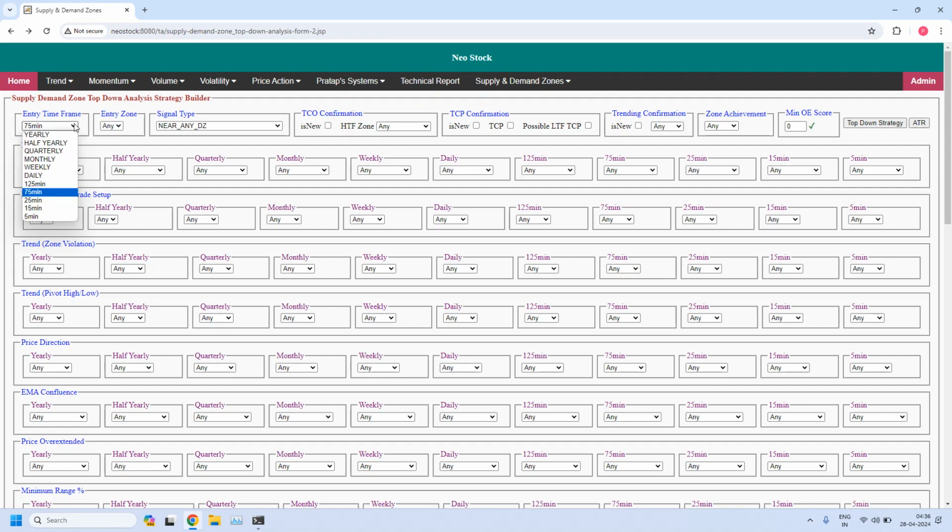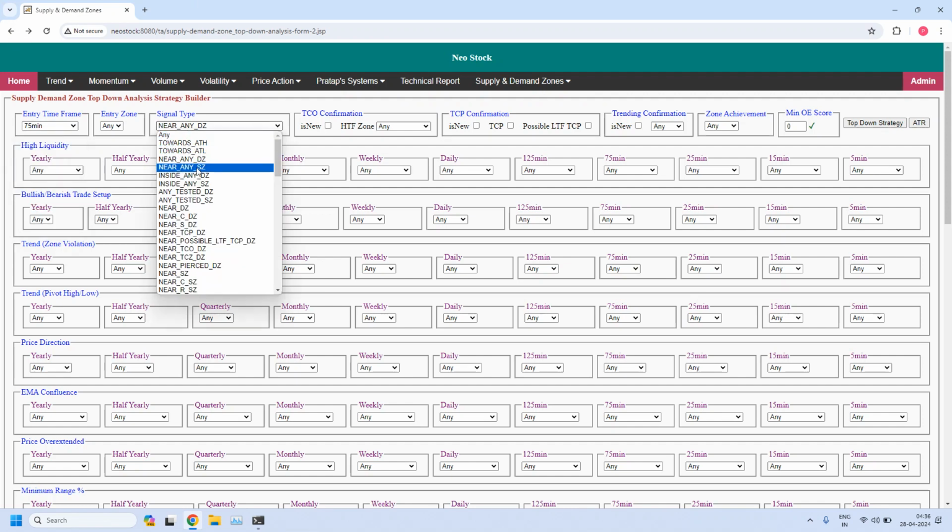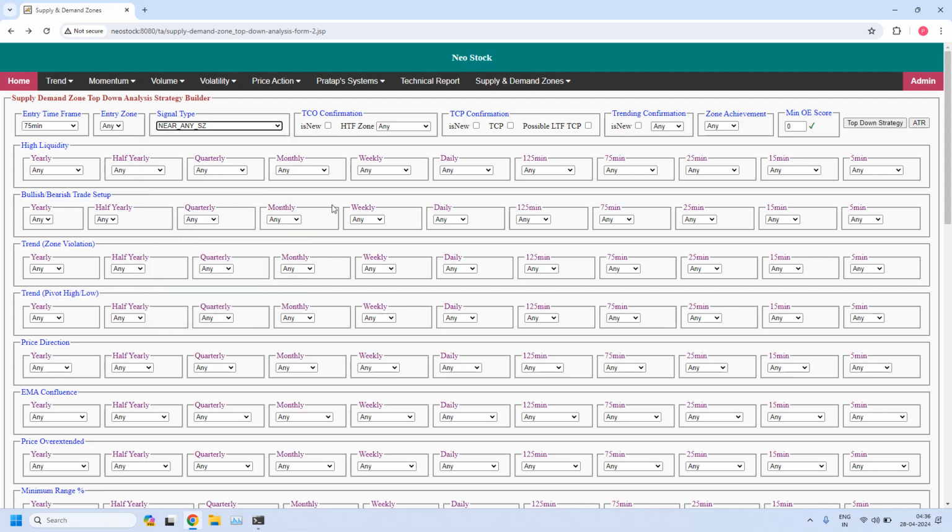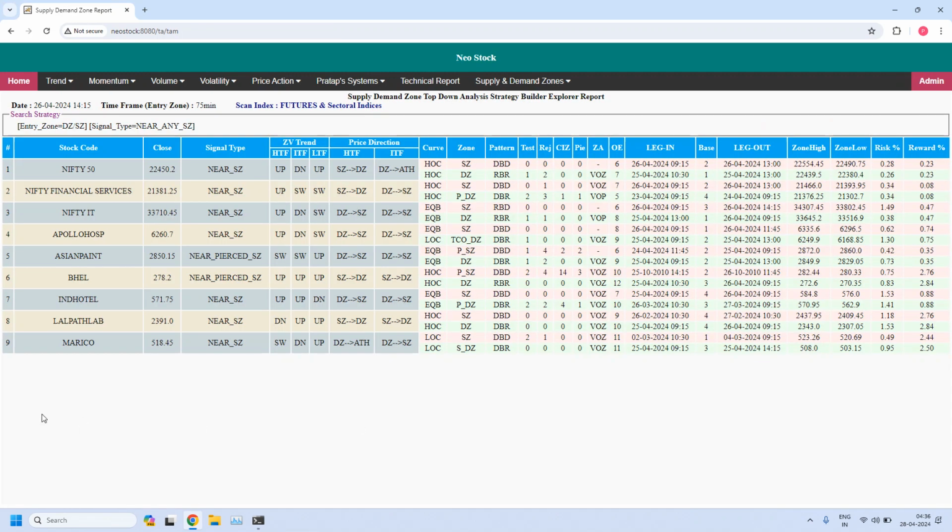For 75 minutes time frame, let us find the stocks near 75 minutes supply zone. So 9 stocks are filtered near to the 75 minutes supply zone. So let us identify the high liquidity supply zones from this list.